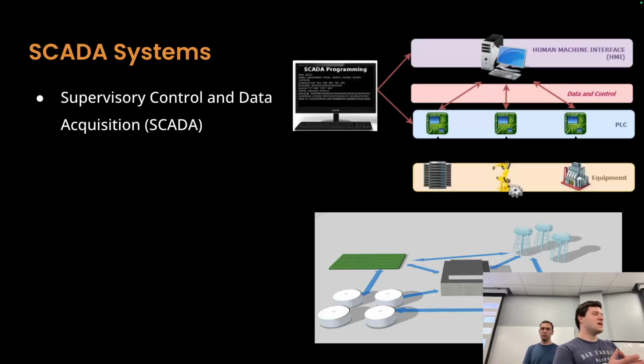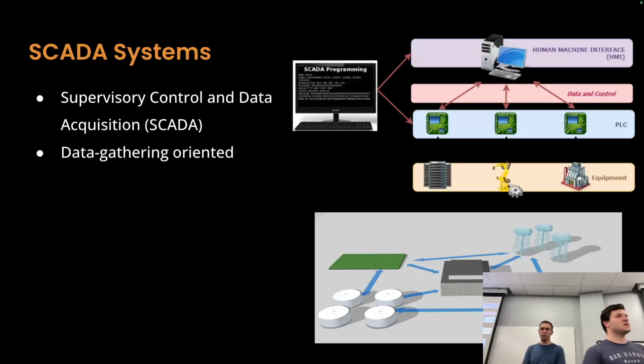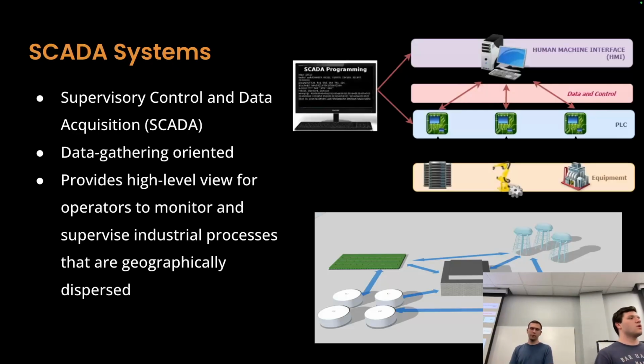They are data-gathering oriented, so they gather data from all the different facilities they're connected to that are in scope, and they allow a high-level overview for operators to see their entire company. Let's say the EWOCs have their SCADA system where they can see everything from their main complex and both remote substations all from one place.